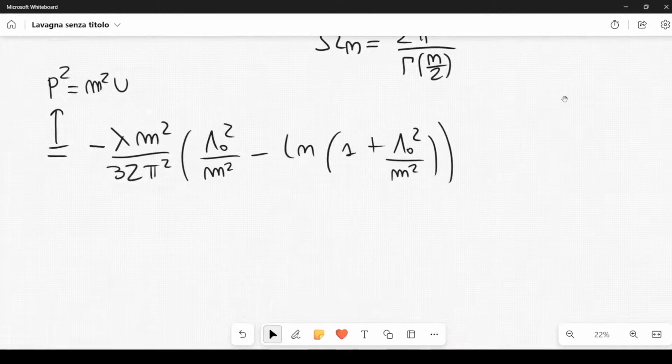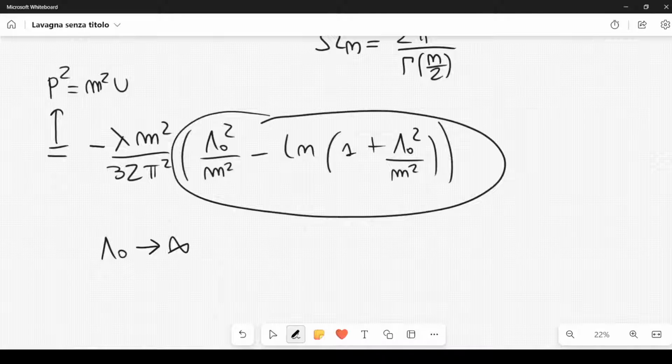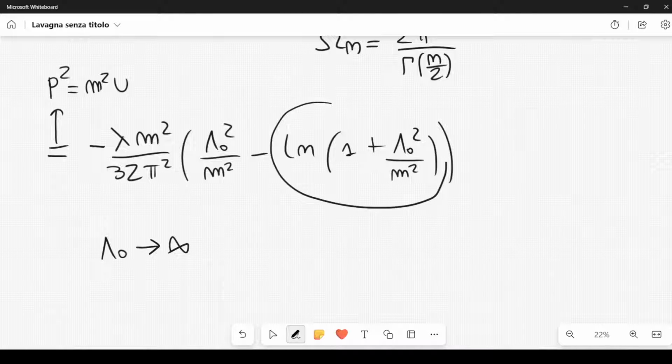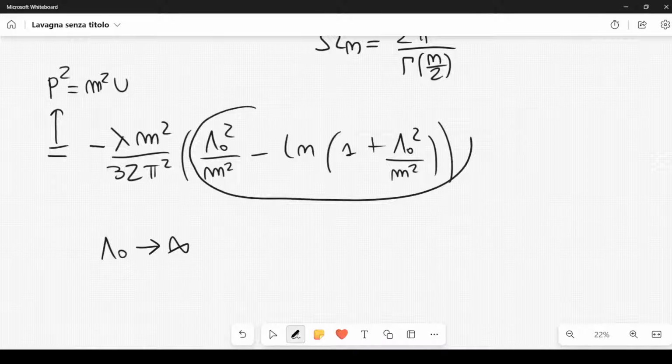We have a problem because as soon as we let lambda 0 go to infinity, you can see that this term diverges because the logarithm will grow to infinity, but it will grow much more slowly than lambda 0 squared here. So this term will go to infinity. And if we want to obtain finite results, then we must modify the original action to include counter terms.